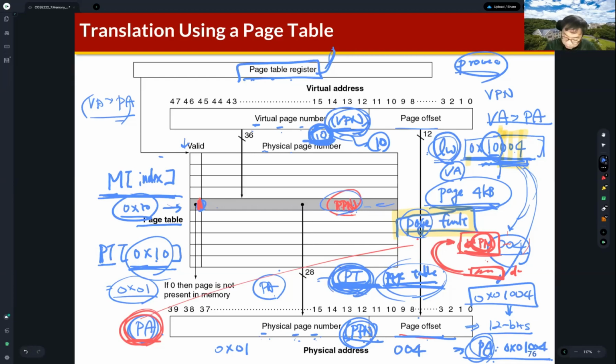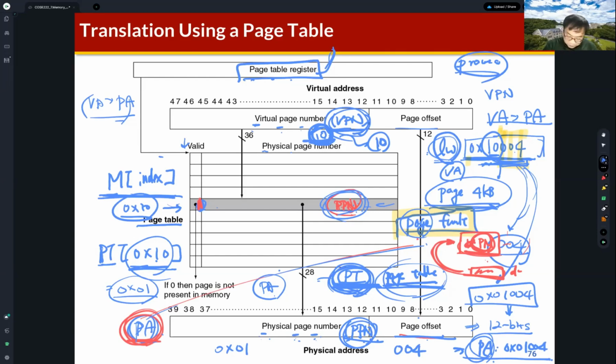Using this updated page table, we can get the physical address, and then we can access the physical memory. It will take a very long time. This is a kind of exception, and the page fault is handled by the page fault handler.